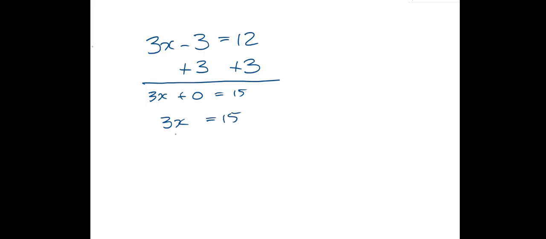So far so good. Now there's one term here and it has an x in it, but remember 3x is the same as 3 times x, which is the same as x times 3. So the opposite of multiplying by 3 is to divide by 3.